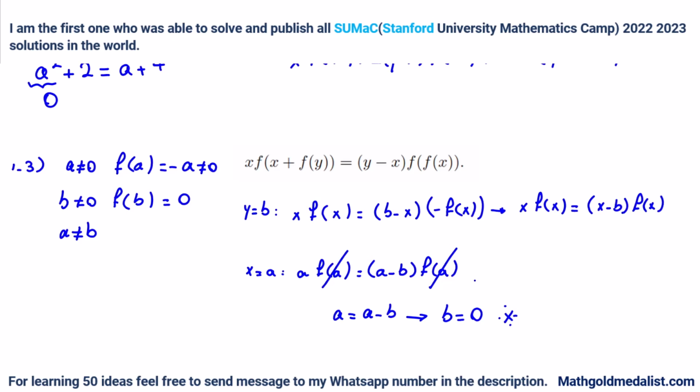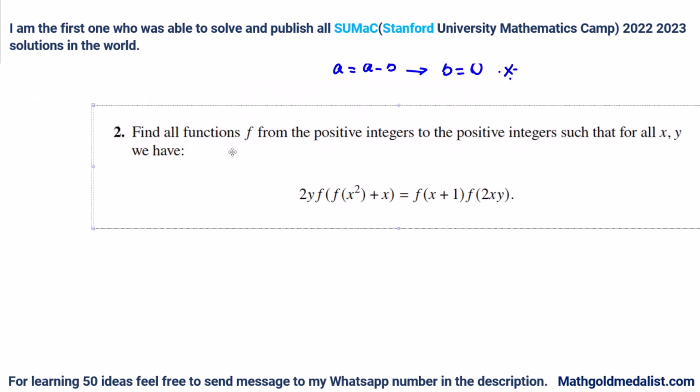So we solve this problem completely. Let me tell you a BMO problem. BMO means British Mathematical Olympiad, 2022. That problem is similar to this one, a bit easier. So you can do this one as homework.